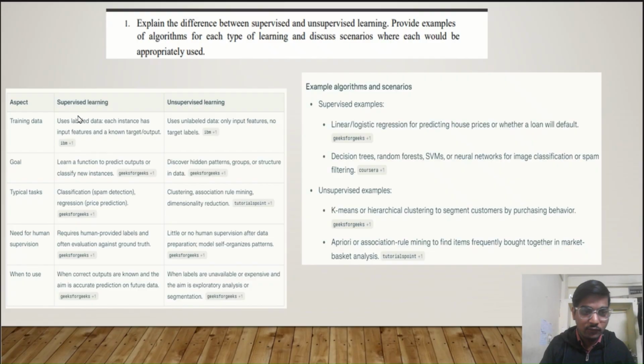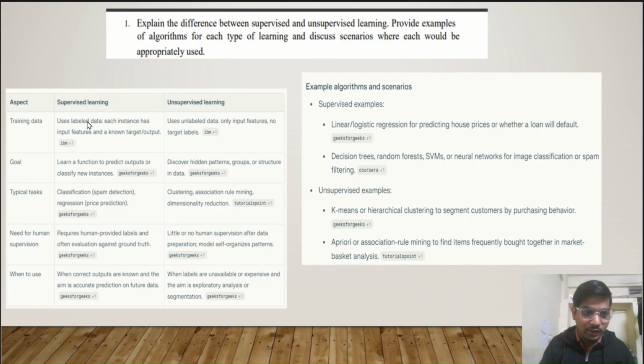So let's discuss the differences first. Supervised learning uses labeled data, whereas unsupervised learning uses unlabeled data, only input features, no target labels. The goal of supervised learning is to learn a function and to predict output or classify new instances, whereas unsupervised learning's main goal is to discover hidden patterns, groups, or structure in the data.